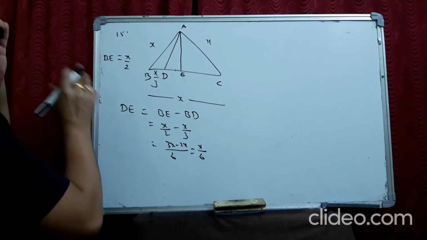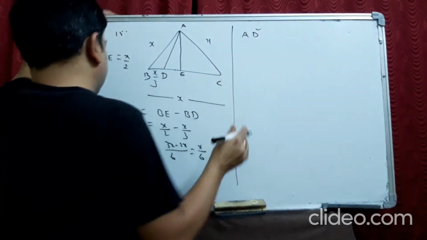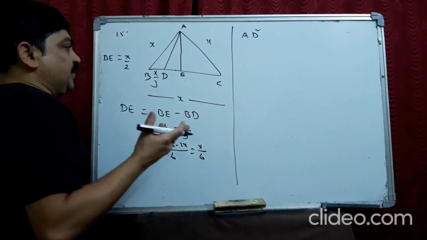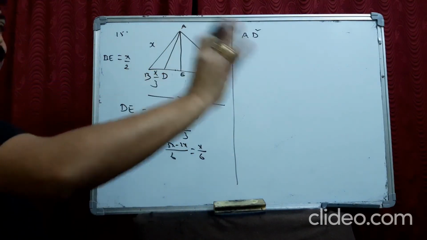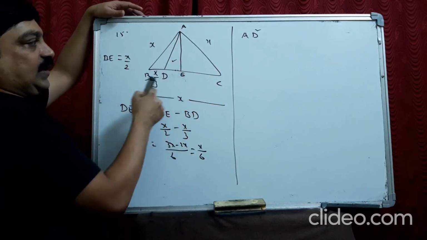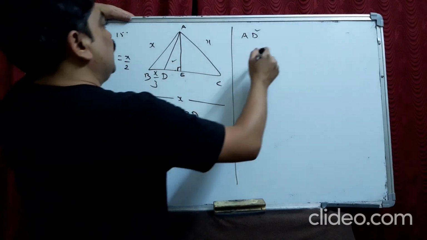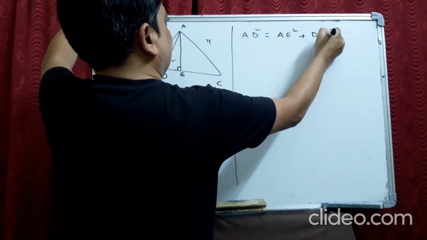Okay. Now let us start. I start with AD square because you are asked to prove something like AD square, AB square something. Here also AB, BC, CA all are x because it is an equilateral triangle. Okay. AD square from this right angle triangle, this is 90. You can write AE square plus DE square.